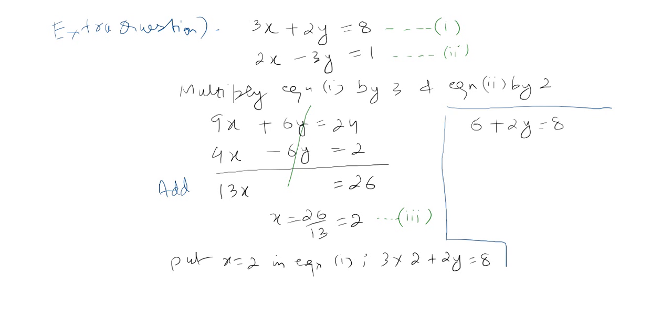So 2y is equal to 8 minus 6, which is 2. So y is equal to 1, you can see. Therefore x is equal to 2 and y is equal to 1 is the answer. So this is the solution. I hope you have understood how we can do the elimination method.